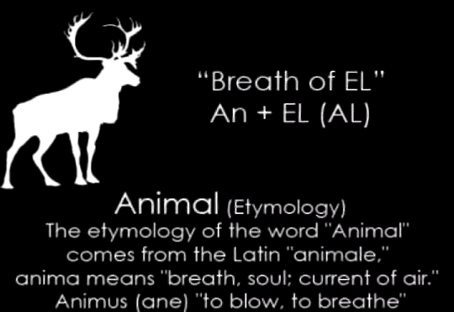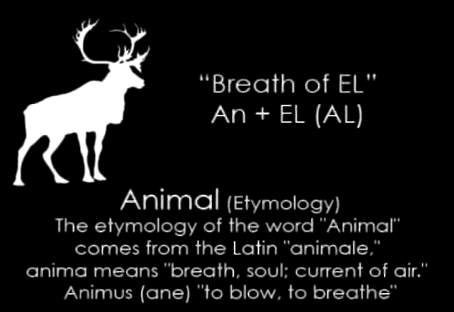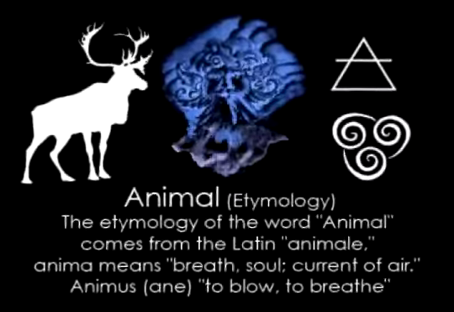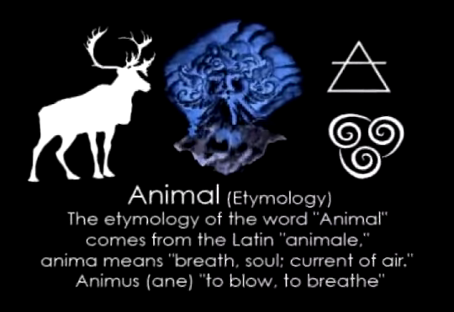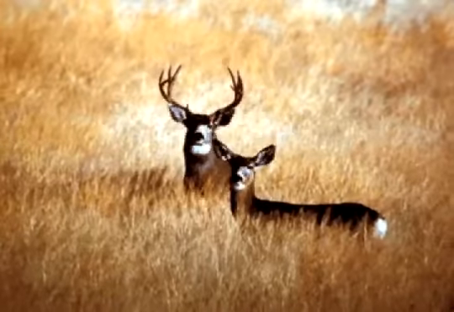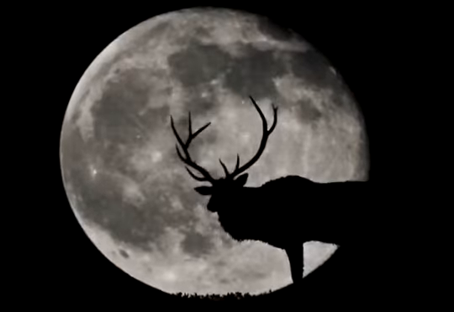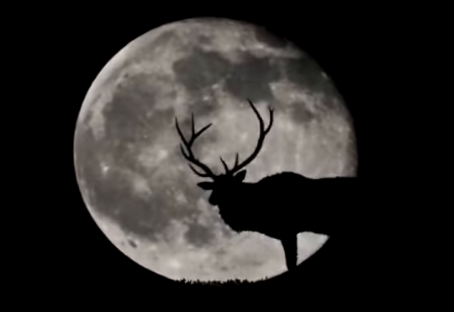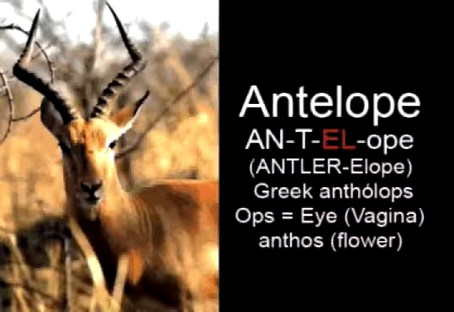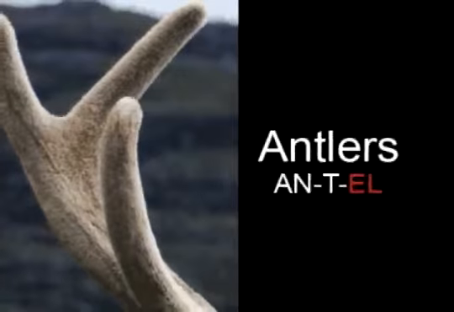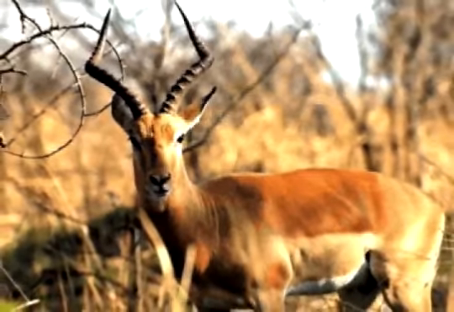And you'll notice when you look up the etymology of the word animal or the breath of El, they show you a picture or refer you to the deer, the elk, the horned one, the sacred horned one of the horny moon. And the antelope has antlers that are anti or opposing one another.